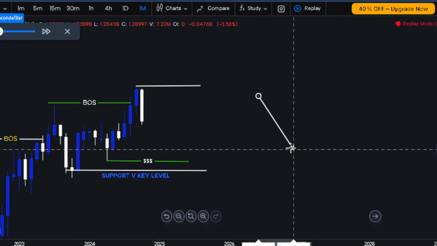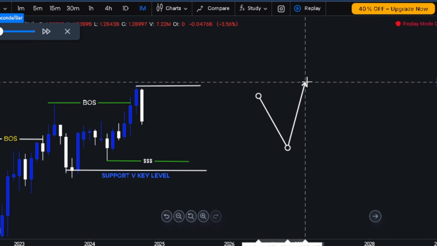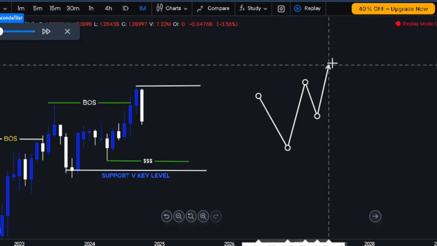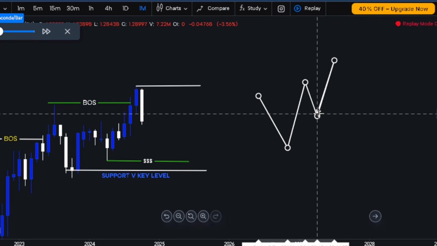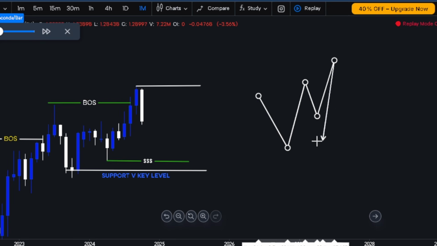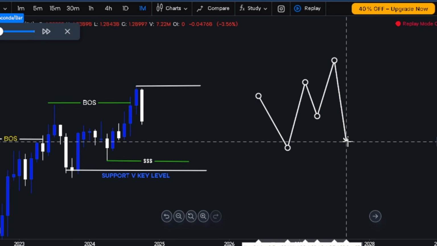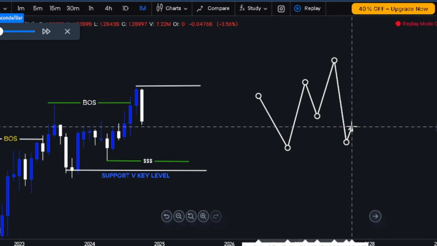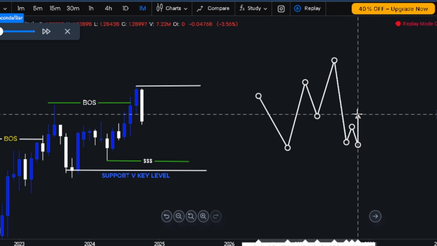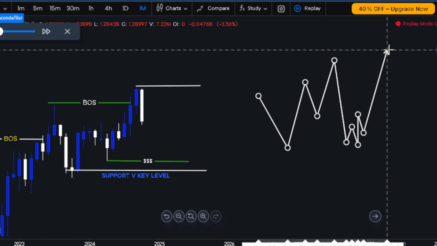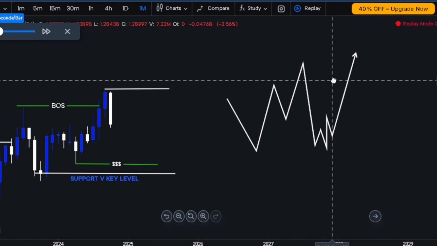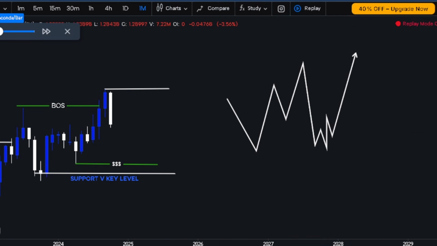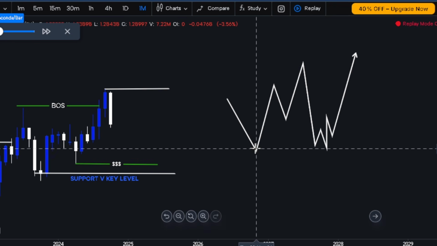It is a support V level key formation, whereby we get a break of structure and then liquidity is formed, and we anticipate price to pull back into the zone and then continue pushing towards the upside, give us a change of character, and then we get a push towards the upside. This is what is known as the support V formation.